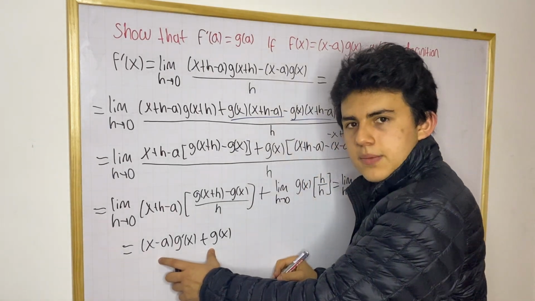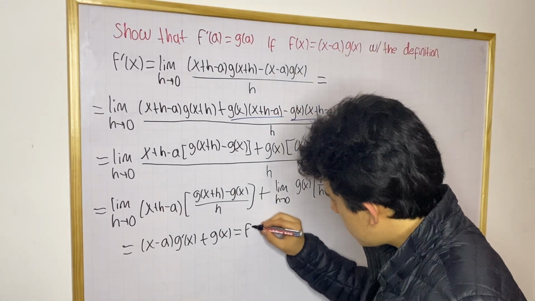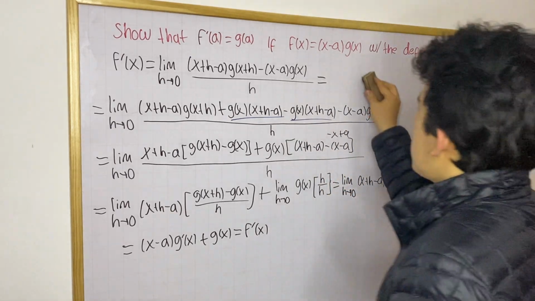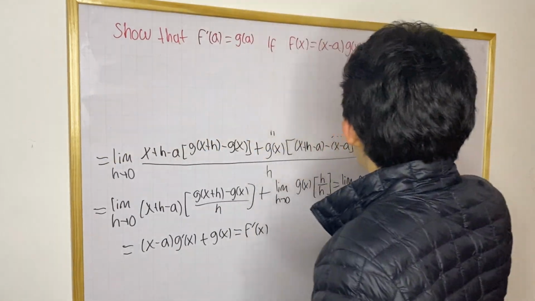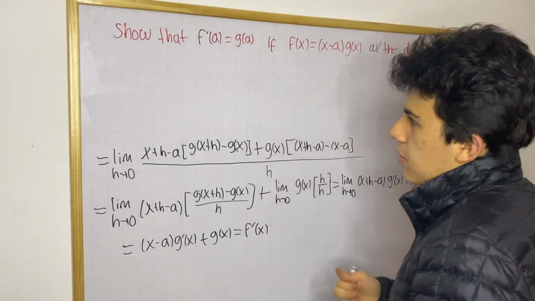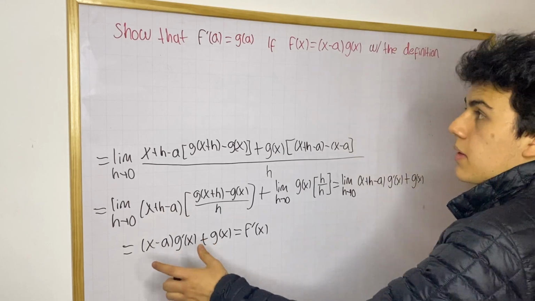This is how much we get. And of course, this is going to be f prime of x, okay? Now, I'm going to erase this over here. Yep. So now we know that f prime of x is going to be equal to this expression, okay? That is the derivative of f.